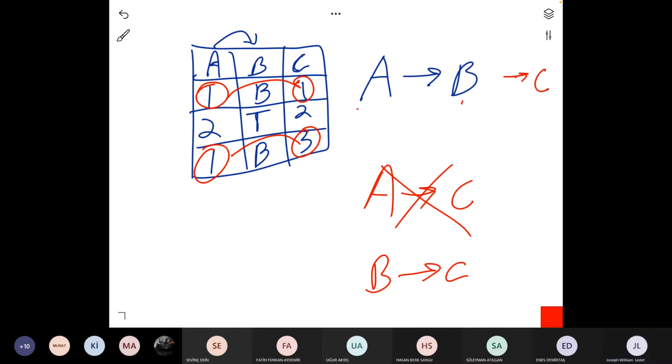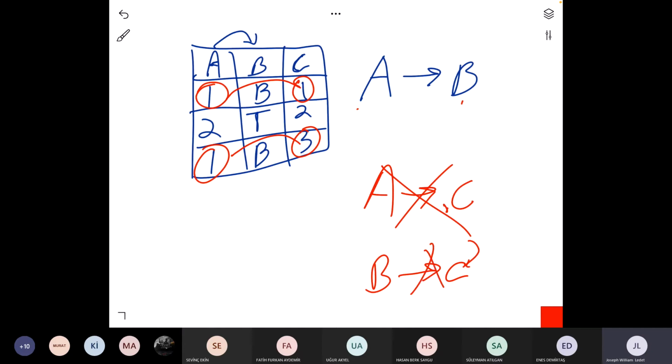If this exists, then the transitive property says that A determines C must be true. But since that wasn't true, this cannot be true either. So that's not right.